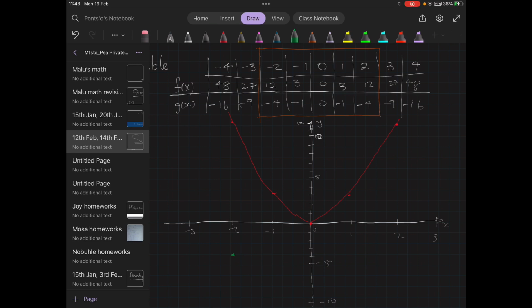At negative 1, I have negative 1, so it's somewhere there. And I guess that's also the same there, and also there. Then this one plots like this.